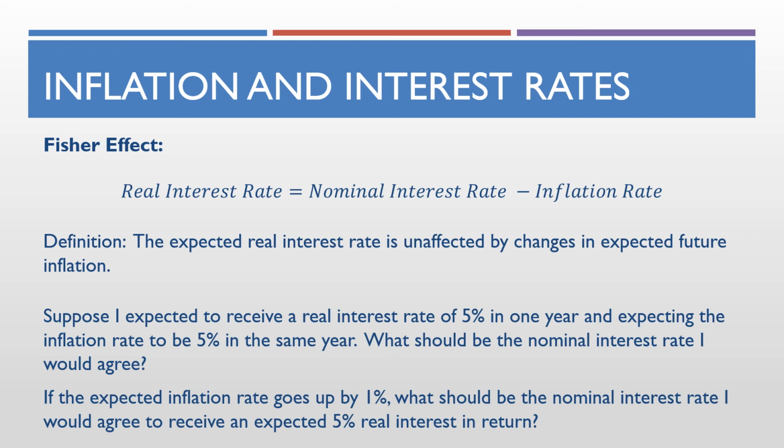So when your expected real interest rate return is 5%, the nominal interest rate that you should agree upon for this investment or this loan or lending, you should actually get at least 6% in return from the borrowers. So this is the case where you have to have at least 6% minus that 1% in order to return the expected 5% in real interest rate.